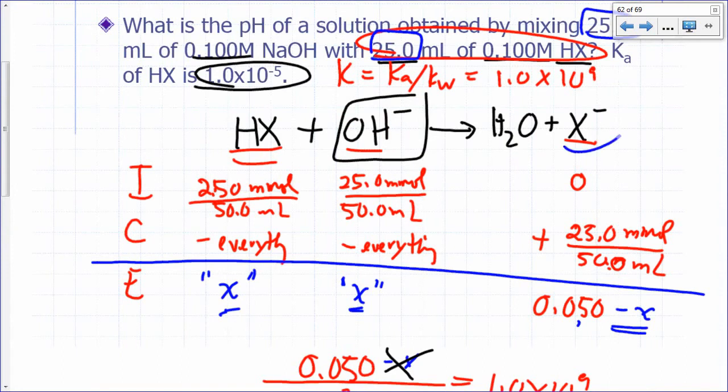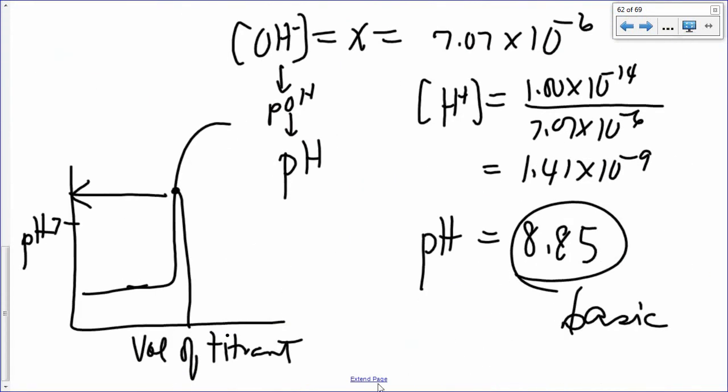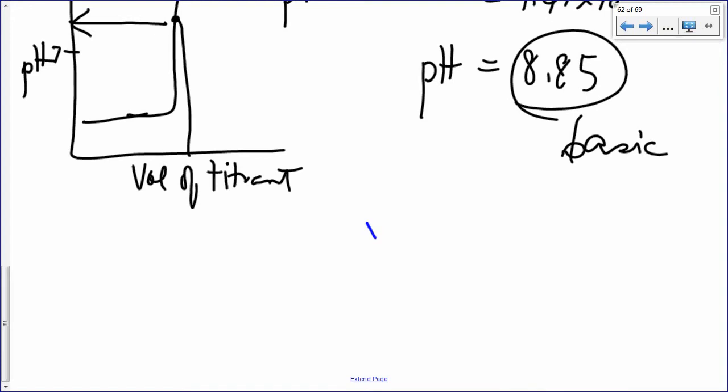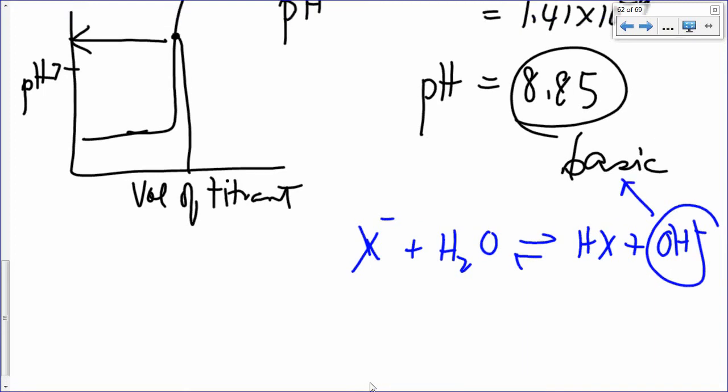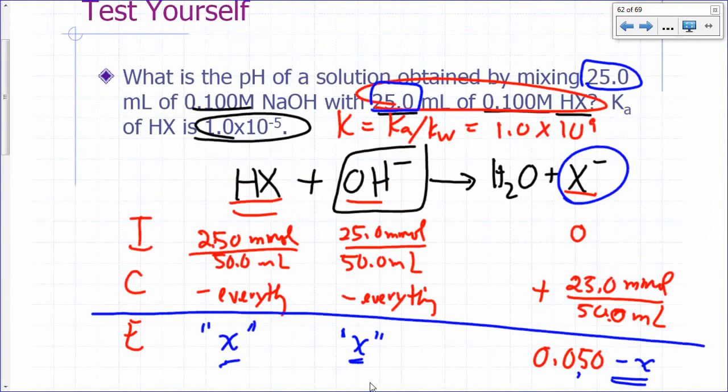What you really have is the conjugate of HX, which is a weak base. At the equivalence point, the major species is X minus, and that reacts a little bit with water to give you HX plus hydroxide. And that explains your basic pH. So that's what happens at the equivalence point.